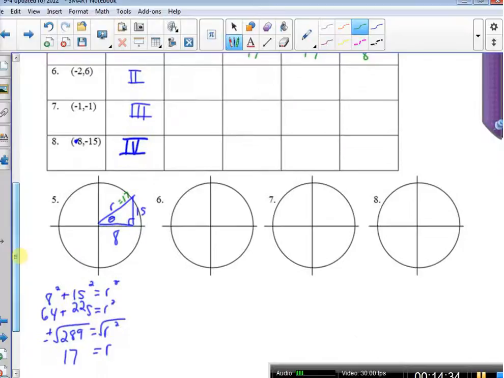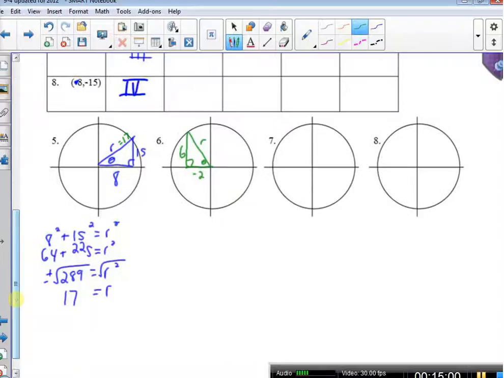For the next quadrant, I'm going to go over negative 2 and up 6. Now these obviously are not drawn to scale. They're all identical. So you just have to understand that this is just representing negative 2 and 6 and 8 and 15 and so on. So now here's theta. This is 6, and I don't know r, so I'm looking for r.